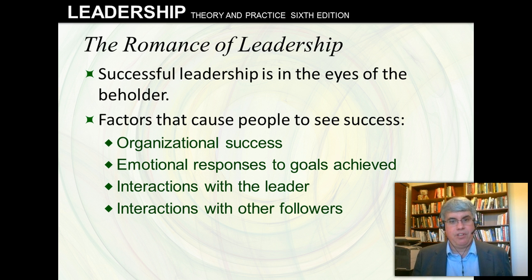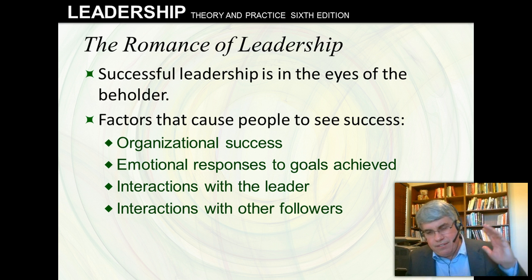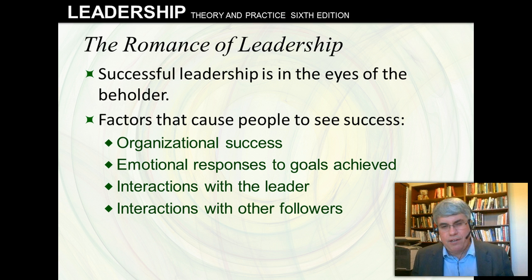The interactions with the leader. Somebody who talks to us real nicely, who gives us what we want, who makes us feel good about ourselves, we tend to view as a good leader, even if they're not really accomplishing the goals that everybody in the organization holds together.